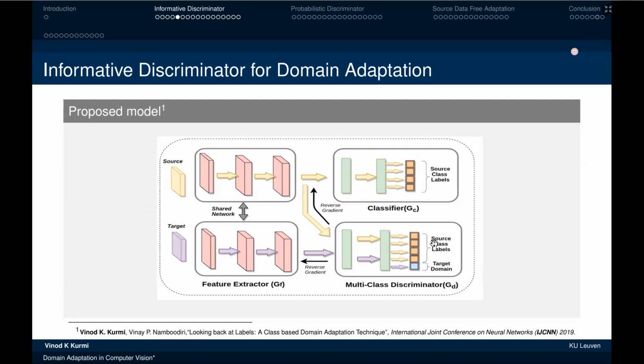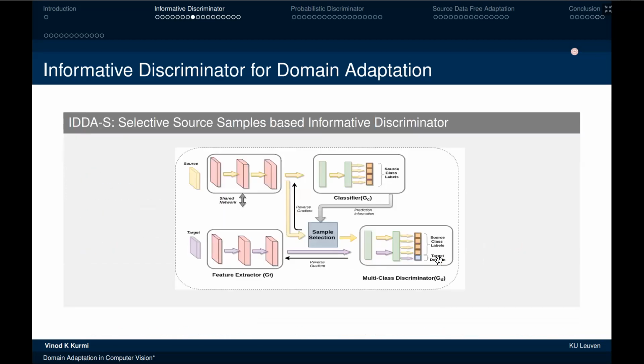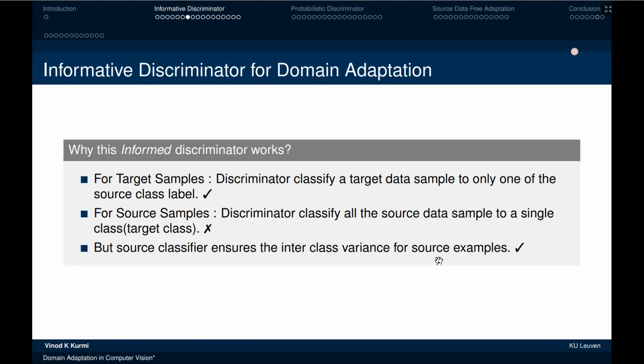So there is no mode collapse. Mode collapse means two classes of the target are merged together. Each target class will only be misclassified as one of the source classes. That's why we are avoiding the mode collapse problem in the domain adaptation setting.